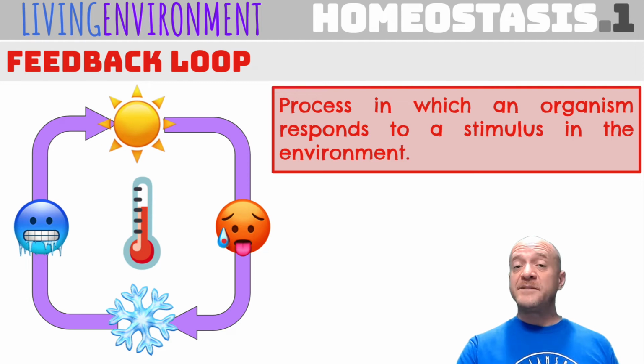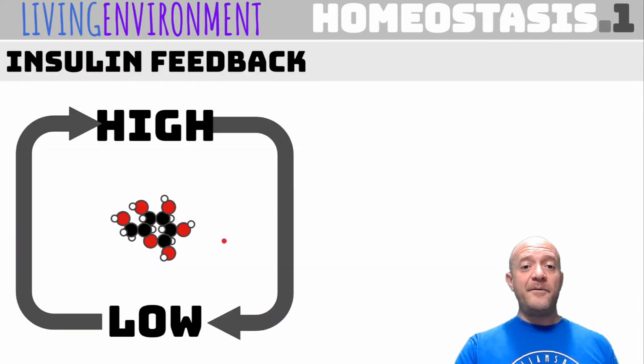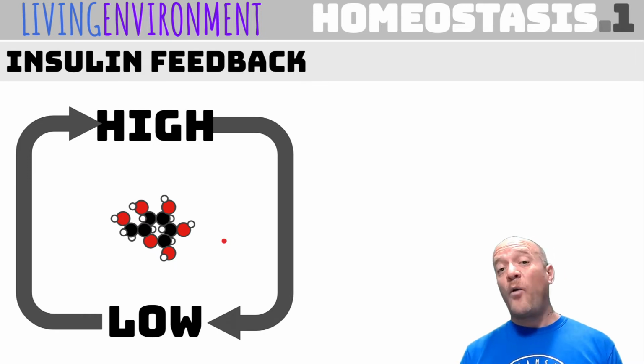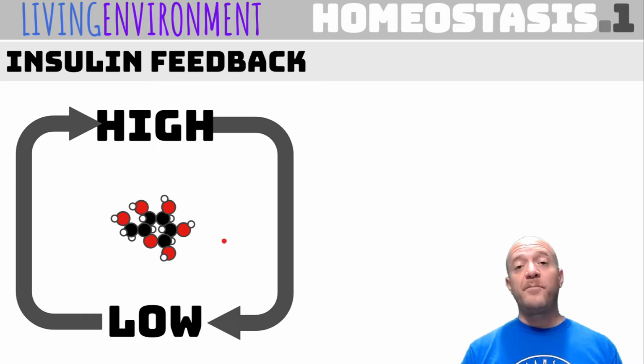A feedback loop is a process in which an organism responds to a stimulus in the environment. Now, one common example is the release of insulin, and insulin is a hormone that can help control our blood glucose levels. Don't worry if you don't really understand it. I would sketch this diagram, but we'll be discussing this in the future.